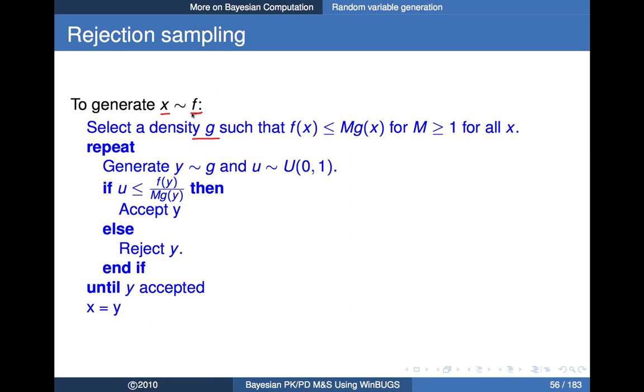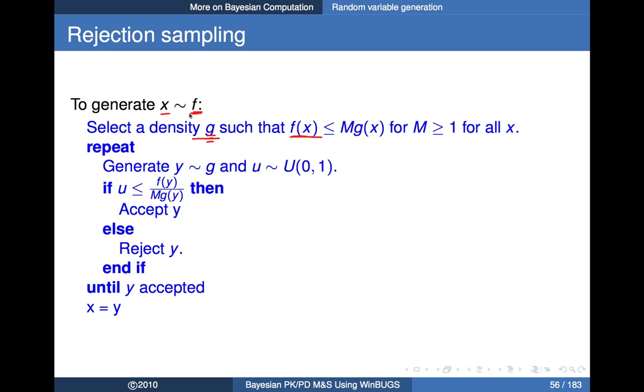Now the idea here is that, let's say f is something for which I do not have a built-in sampler. I don't have an easy algorithm for sampling from it. So what I'm going to do is start out by picking some distribution for which I do have an efficient algorithm. It might be something like a normal distribution, for example, or some flavor of a t-distribution or something like that.